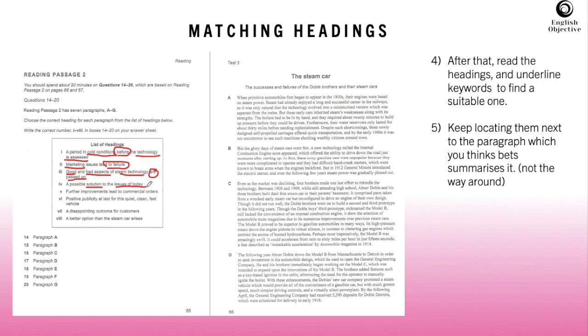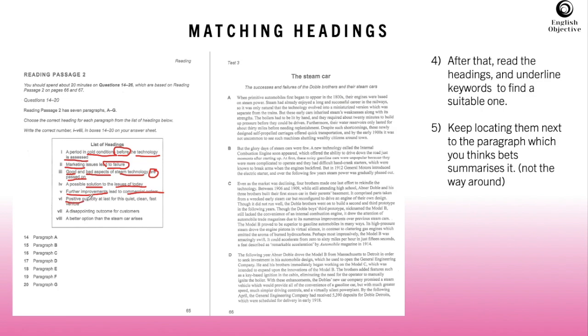And it says further improvements lead to commercial orders. Okay, so we do have some paragraphs speaking about orders, people paying money for the orders, deposit, I believe, that I remember. The next one, it says positive publicity.